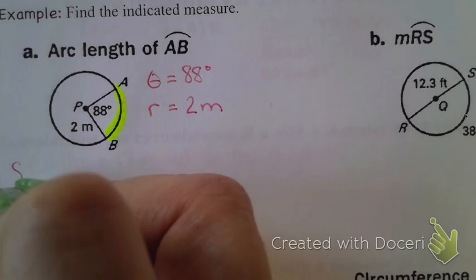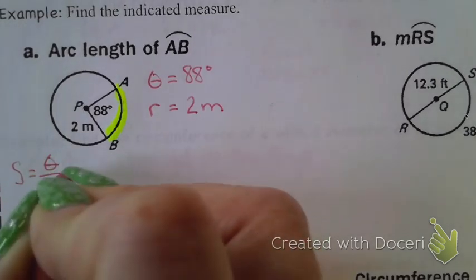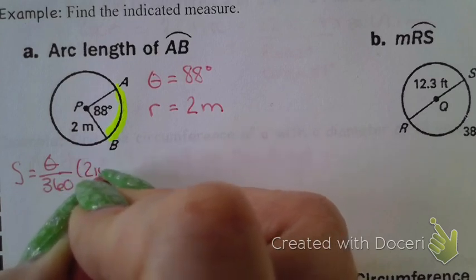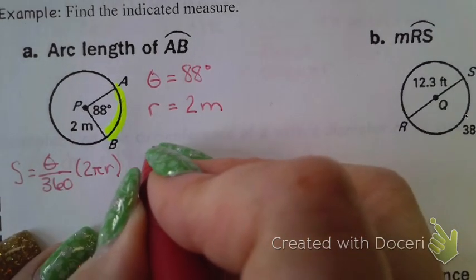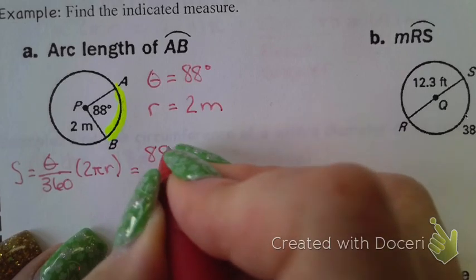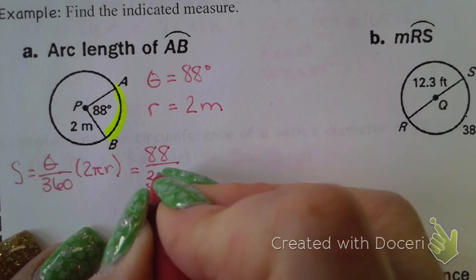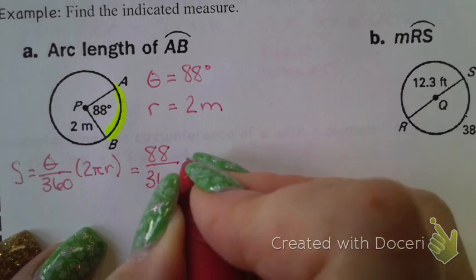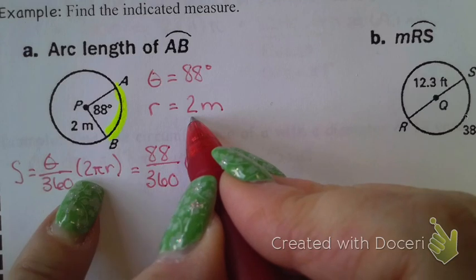So S equals theta over 360 times 2 pi r. So theta is 88 over 360. Can I just put 2 times r, which is 2 times 2, what is that? 4.